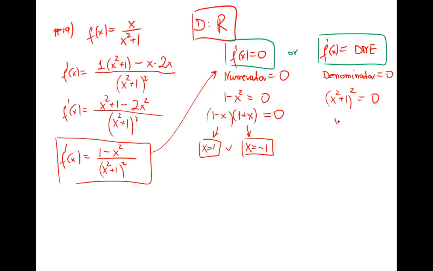A quantity squared is 0 only if the quantity is 0, but we can see x squared plus 1 I can't factor, or I can say this way, the quantity squared is never -1. We have no solution. No solutions. And that means no critical values from that. Please remember. Okay, that means I have 1 and -1.